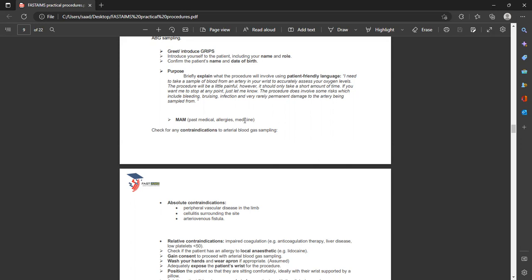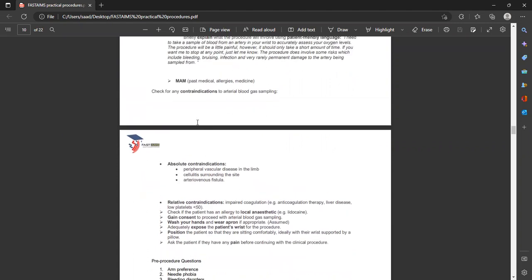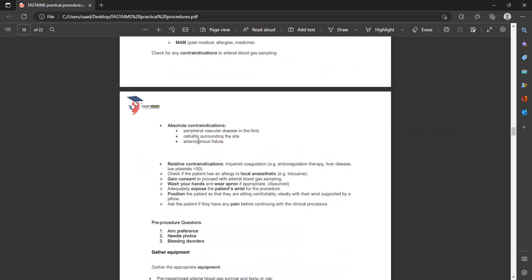Only the procedure. Are you taking any kind of medicines, warfarin, or any blood thinners? Allergies to latex or needles, needle phobias, or past medical history. Have you ever been diagnosed with any bleeding disorders? Again, there are contraindications.